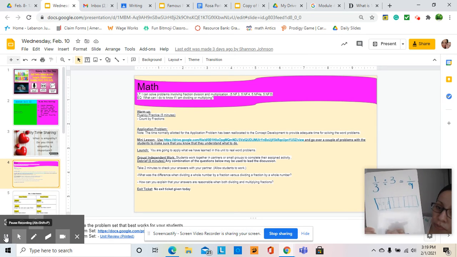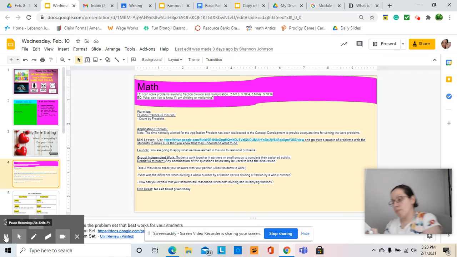Some people like to think about this as 1 divided by 3. Since I'm dividing, this time the top comes to the bottom and this one turns into a 1. So it would be the same as multiplying. So if you do your keep, change, and flip, which you should have learned in class.